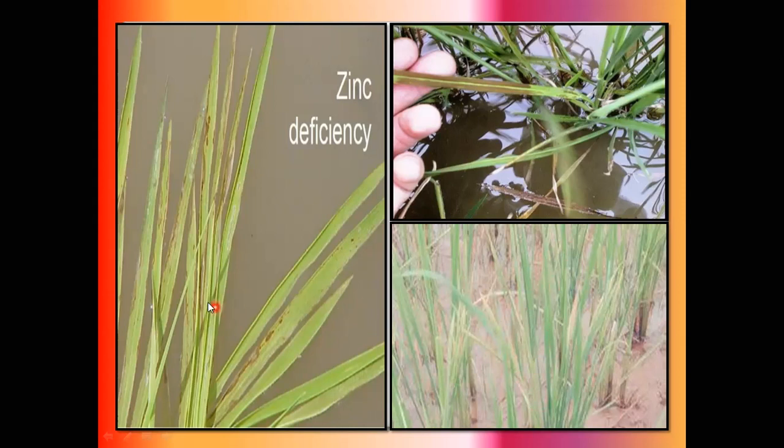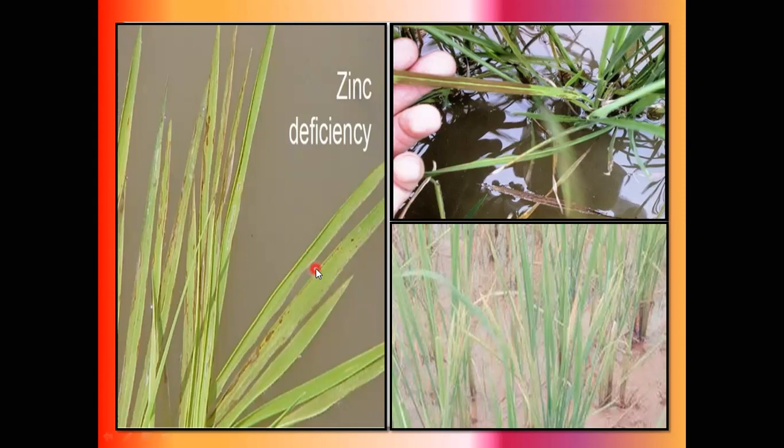Initially, reddish brown to brownish irregular lesions or blotches appear on the leaf blade. You can see the infected leaf and a healthy leaf.